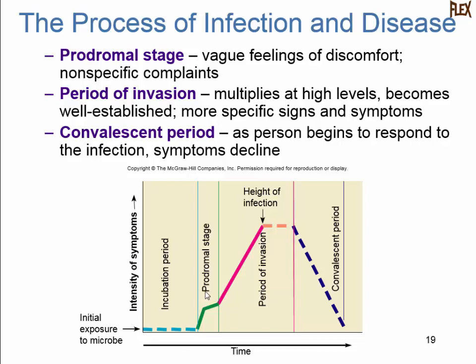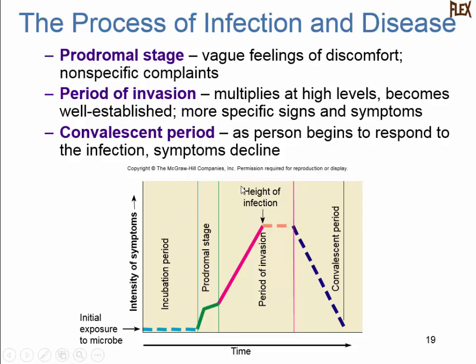You just don't feel very well. Now, once you have proceeded to the period of invasion, which is this entire area, you have distinctive symptoms. So if you have a gastrointestinal infection, you are now having stomach aches, vomiting, diarrhea, whatever corresponds to that type of infection.